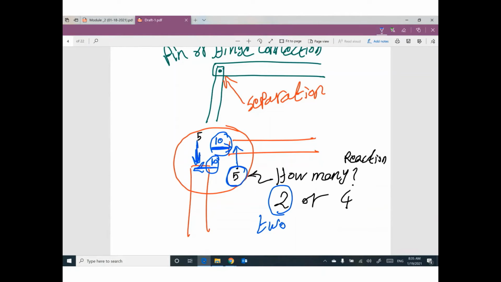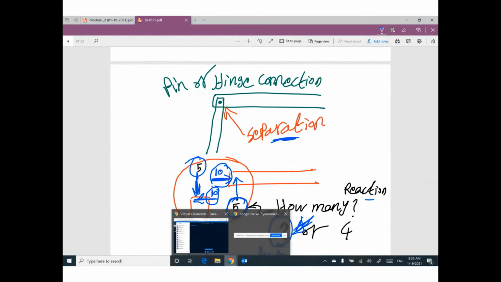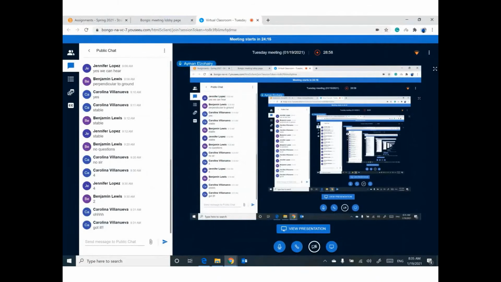This value will be the same like this. So how many reactions are unknowns? Only 2. So if you have hinge or pin connection and you did separation, at this separation we have only 2 unknowns, not 4. 2 unknowns. Okay?